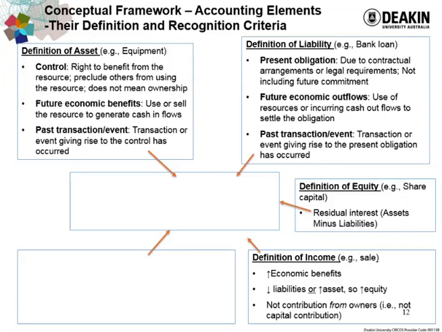And we also need to make sure that it is not a contribution from owners. For example, if you talk about capital contribution, that is not income because capital contribution from owners will be classified as an equity. On the other hand, sales revenue will be classified as an income because you generate the inflows from customers, not shareholders.